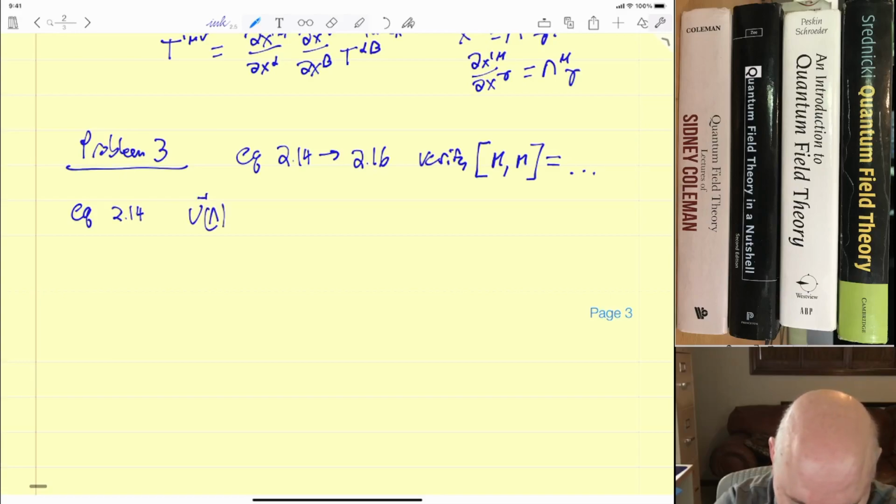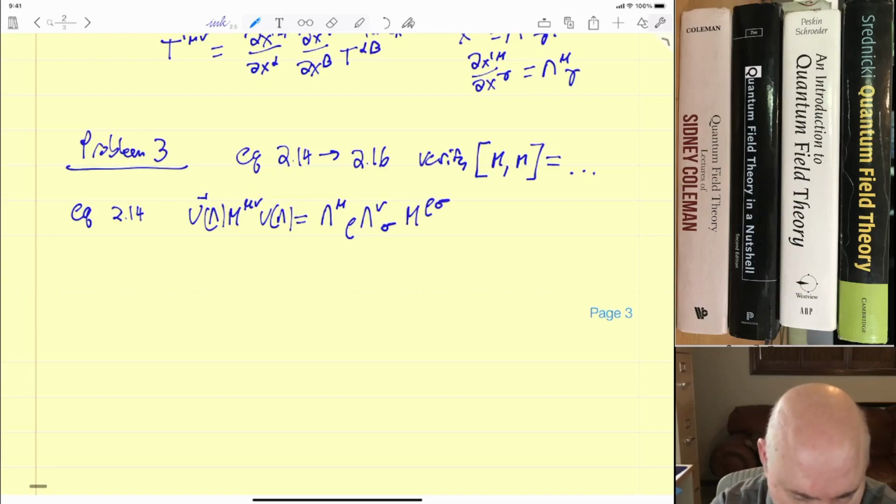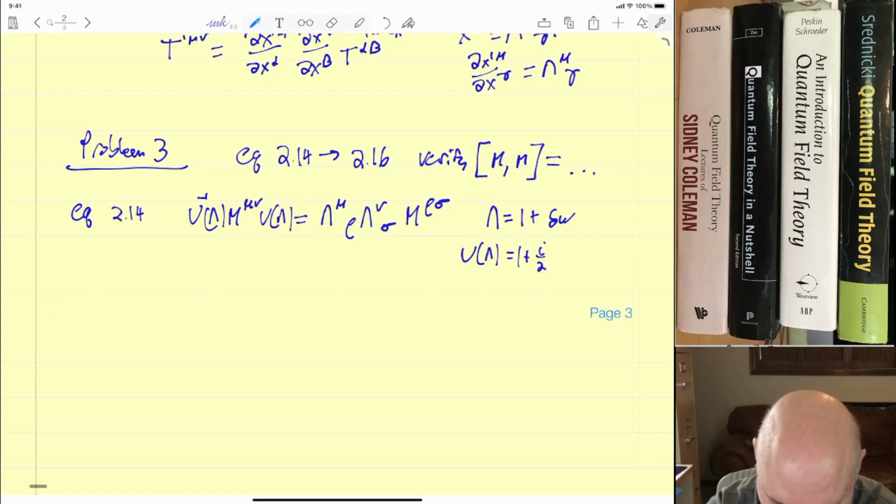U inverse lambda mu nu U lambda is equal to lambda mu rho lambda nu sigma M rho sigma. And once again, just to review, lambda will be considered infinitesimal, and we'll have it as 1 plus delta omega, and U of an infinitesimal Lorentz transformation will be 1 plus i over 2 times the parameters with the generators.